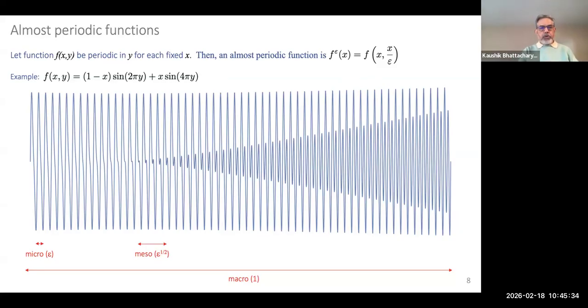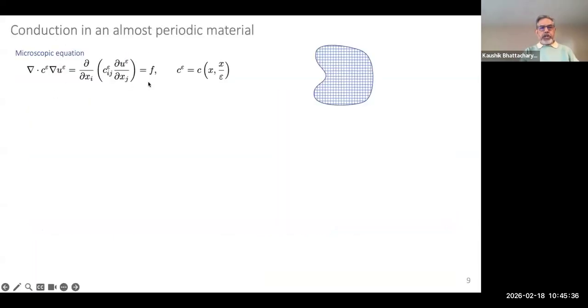Okay. So we're going to assume that I have an almost periodic microstructure, and I have an elliptic problem. In this case, I took conductivity. So C is the conductivity, and you can think of this as a matrix if the material is generally anisotropic. Your equation is basically this.